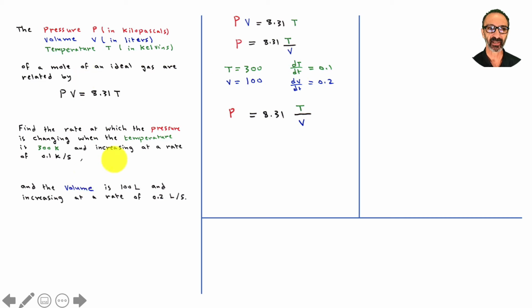I don't want to read it back again, but as you could see, T is 300, V is 100, and so on. dP/dT equals the derivative of this with respect to T, so it's going to be 8.31 times 1 over V. dP/dV, because V is in the denominator, you could apply the quotient rule and you get the following.